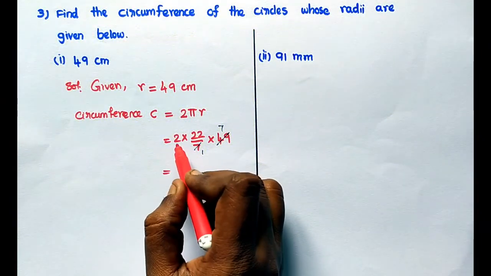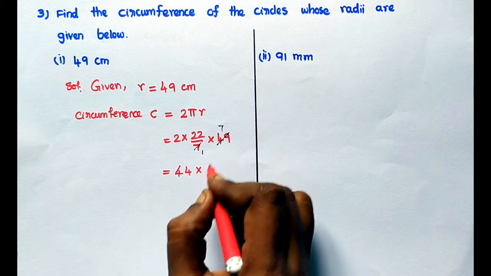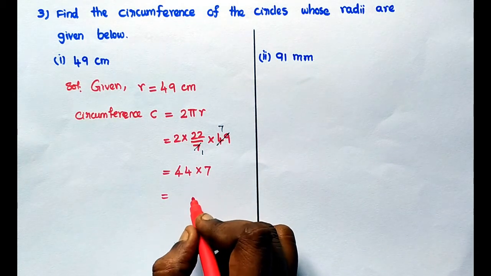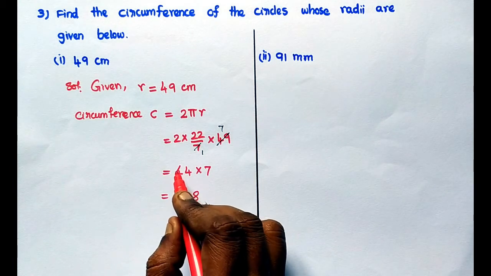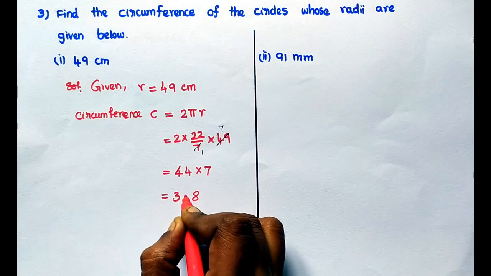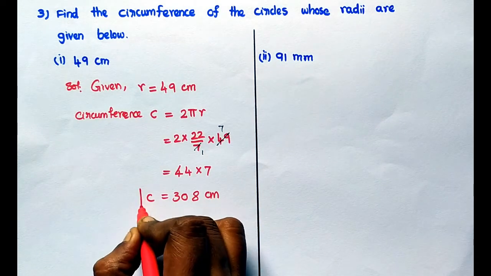What's the remaining number? 2 into 22, 44, into 7. 4 7s are 28, balance 2. Again 4 7s are 28 plus 2, 30. So 308 centimeter. That is the circumference.